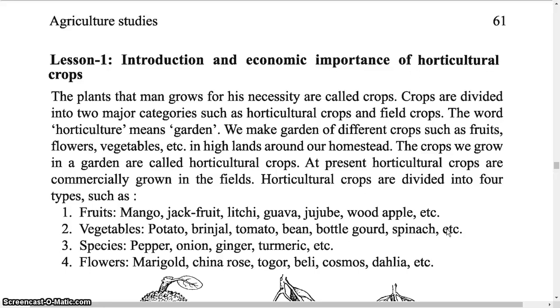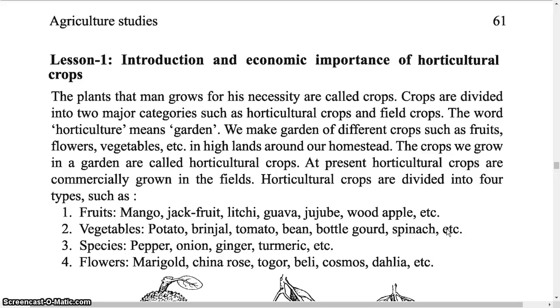The plants that man grows for his necessity are called crops. Crops are divided into two major categories such as horticultural crops and field crops. The word horticulture means garden. We make gardens of different crops such as fruits, flowers, vegetables, etc.